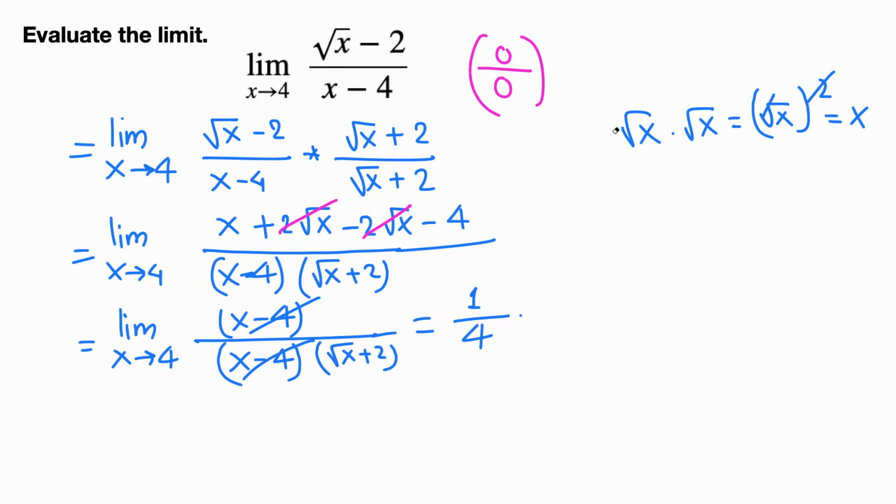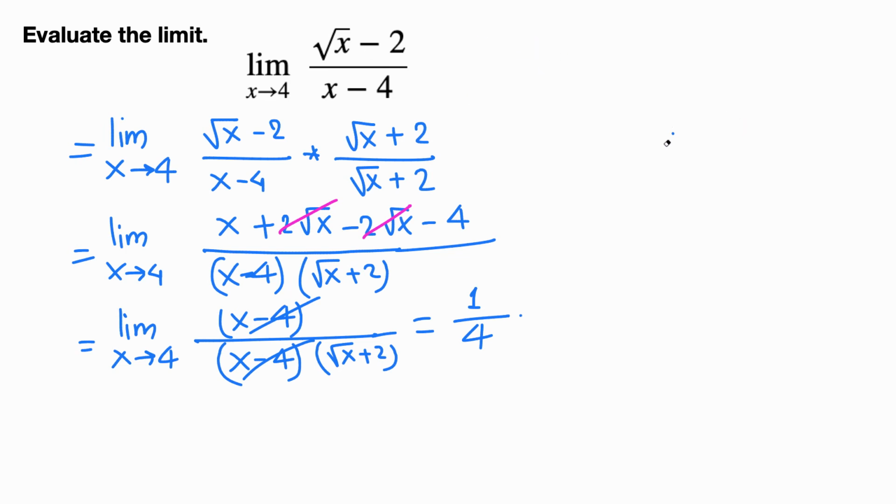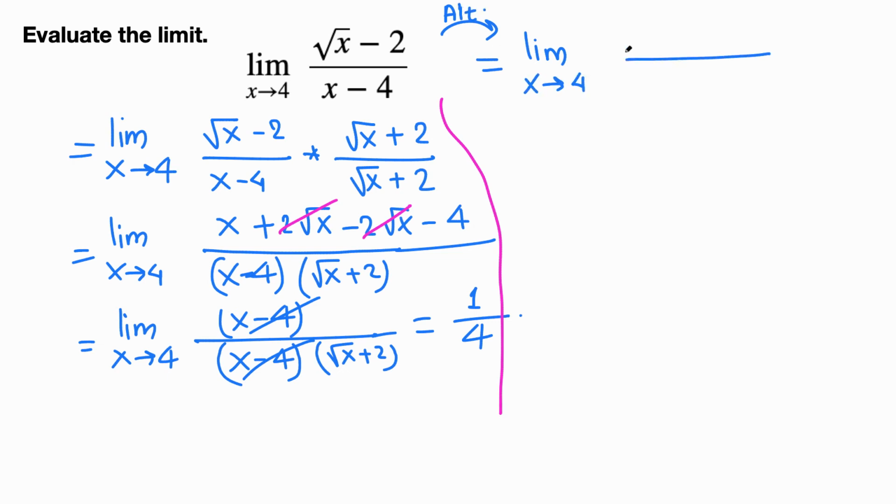Okay. Alternatively, we can factor the top and bottom. That's not obvious here, but let me show you anyway. With some trick we can factor. So alternatively, this limit is the same as, x going to 4. On the top we cannot do anything, it's a root.